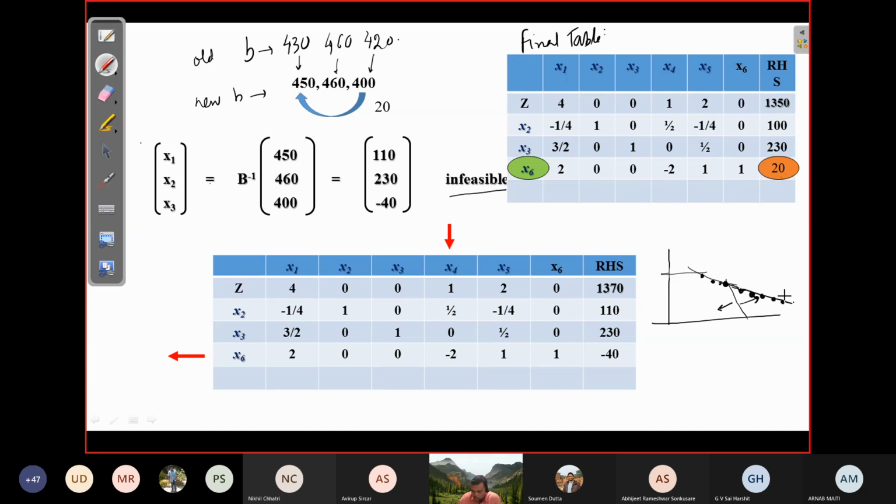What does it mean? The base is not changing. The corner point will be defined by the same base. Same base means the non-basic variables will still be the same for that corner point, which is sliding up and down along that constraint. The moment it moves to some other corner point, the base is changing, right? So range of feasibility is actually defined as that range where your current base remains optimal. Does that make sense?